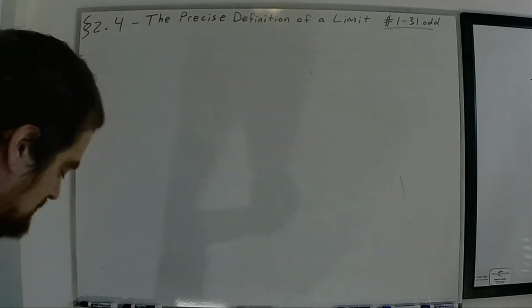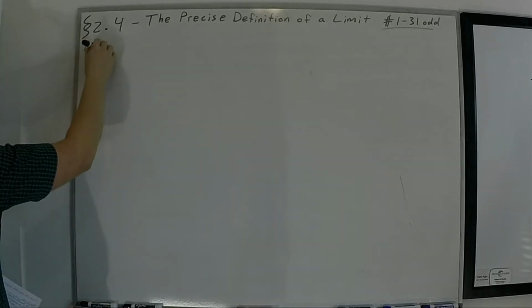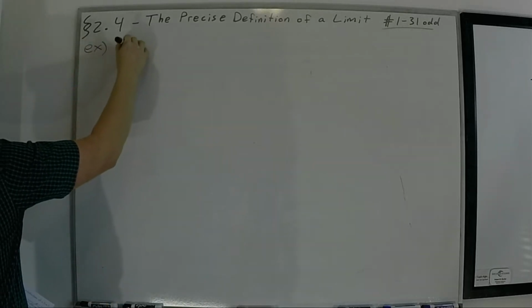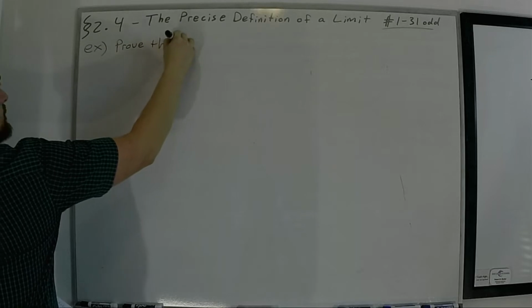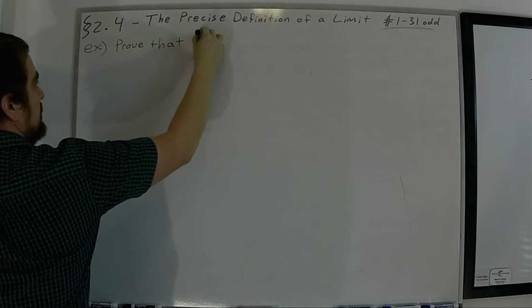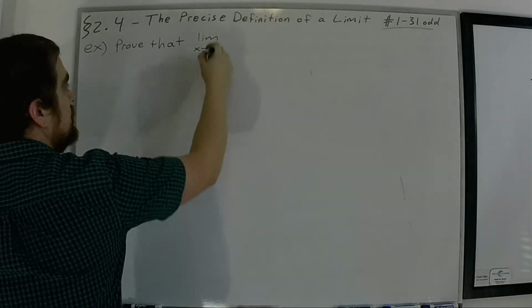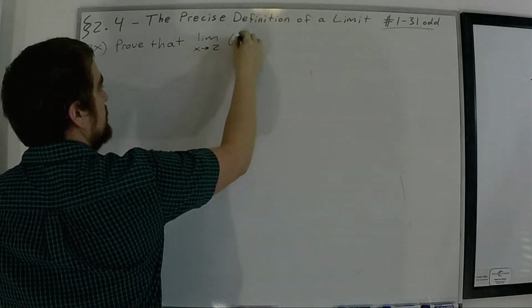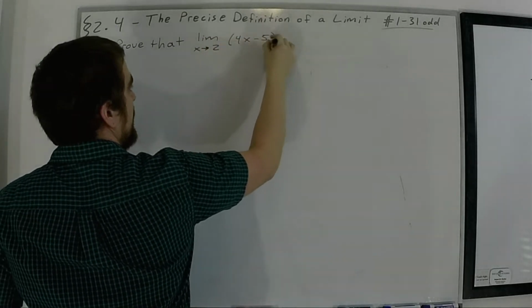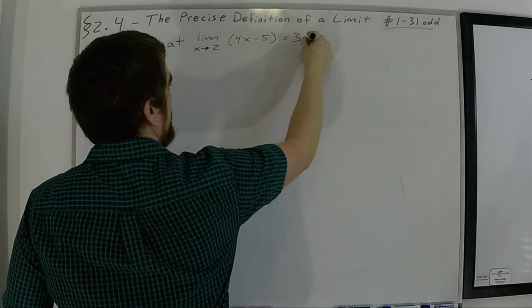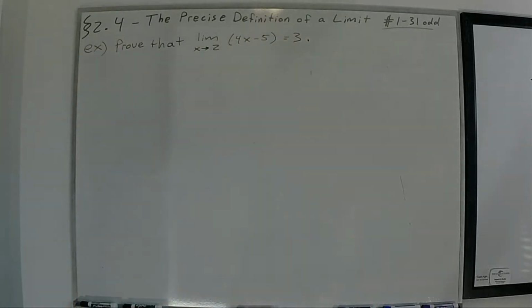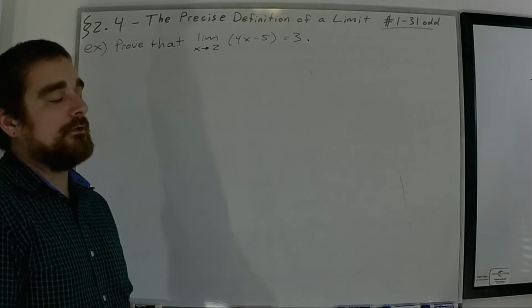So, let's take a look at a problem here. It says prove that the limit as x goes to 2 of 4x minus 5 is equal to 3. Of course, using the epsilon delta definition.